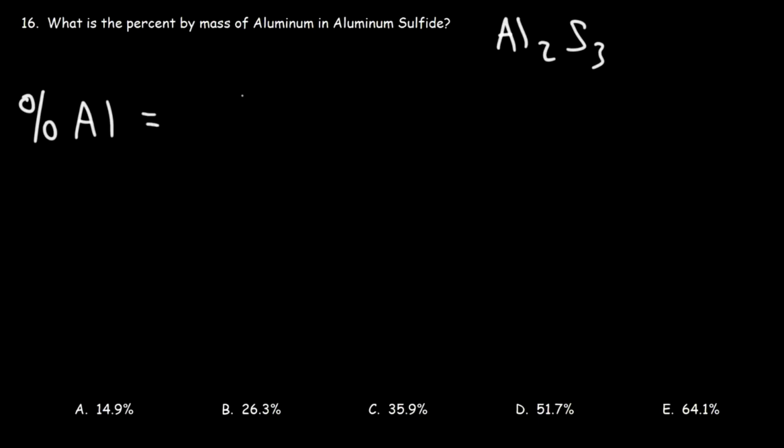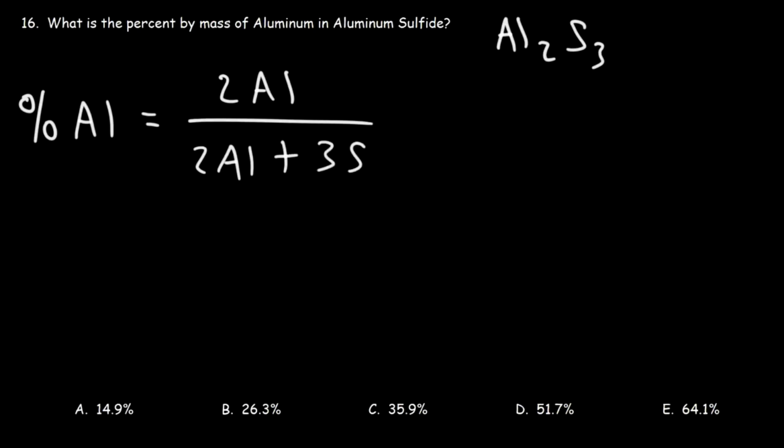We need to take the atomic weight of the 2 aluminum atoms, and divide it by the formula weight of the entire compound, which consists of 2 aluminum atoms and 3 sulfur atoms. So at this point, we need to use the periodic table.